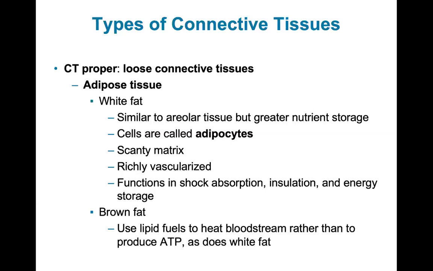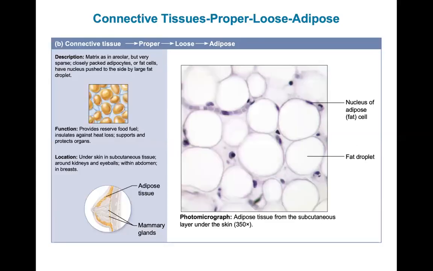Brown fat uses lipid fuels to heat the bloodstream rather than produce ATP. And what you end up seeing with adipose tissue is that it looks like these big air bubbles here. And inside these adipocytes, or adipose cells, you have lipid deposits.